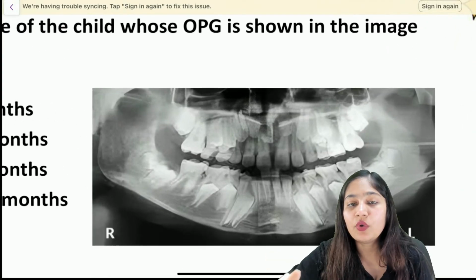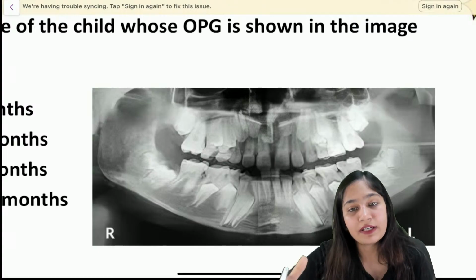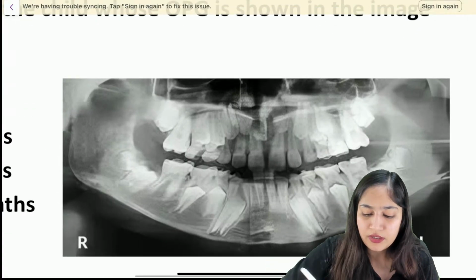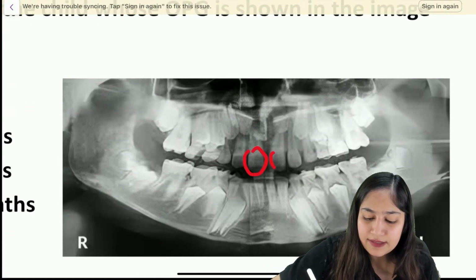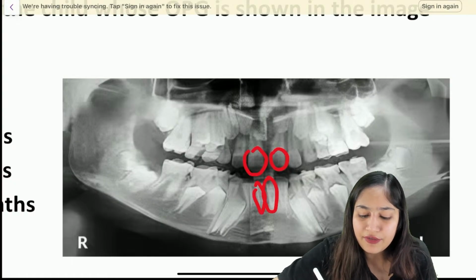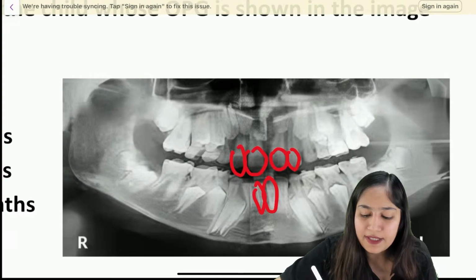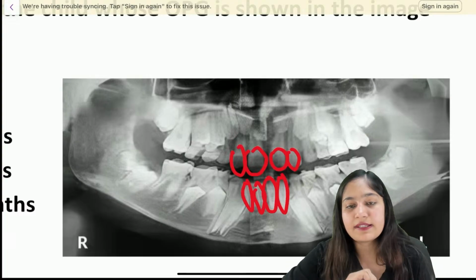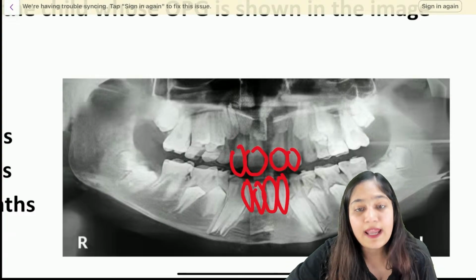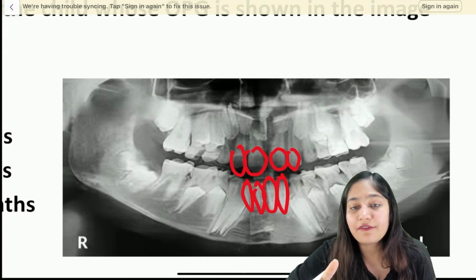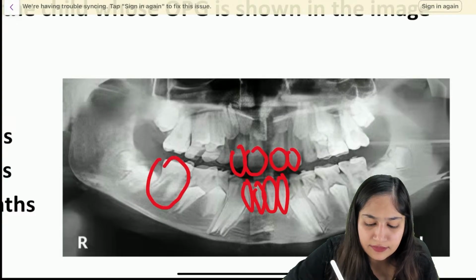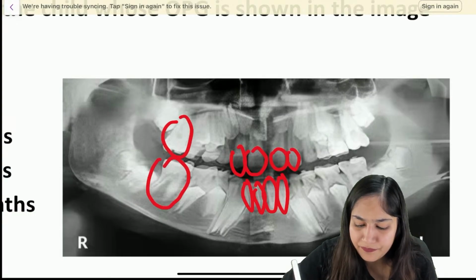First you should look out for which tooth have erupted, right? So central incisors, maxillary and mandibular both, lateral incisors as well, maxillary and mandibular lateral incisors. Coming to canine, no, permanent canine have not yet erupted, and our first molars, right?